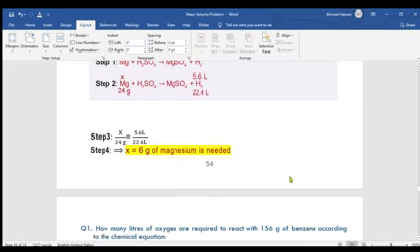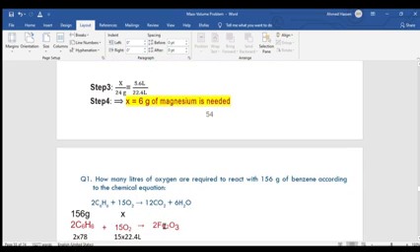Therefore, x is equal to 24 times 5.6 over 22.4, which is equal to 6 grams of magnesium metal needed in order to produce 5.6 liters of hydrogen when combined with sulfuric acid.